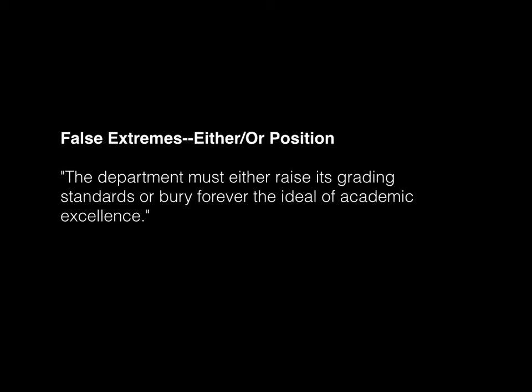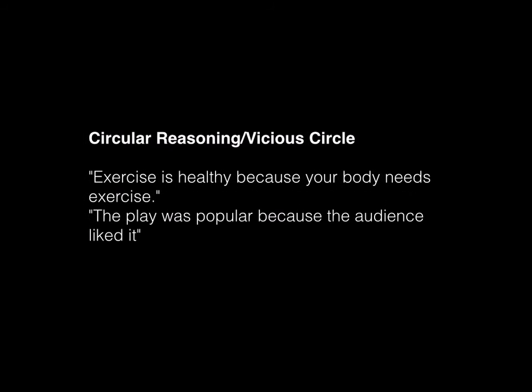Next is circular reasoning, the vicious cycle. There's a couple of cases out there that could be critiqued on this level in terms of logic. This error occurs when a person restates a generalization as a reason for accepting the same proposition, like exercise is healthy because your body needs exercise, or the play was popular because the audience liked it.